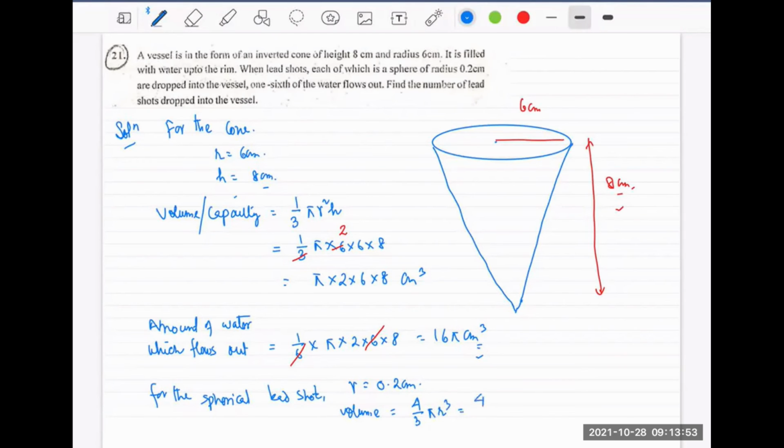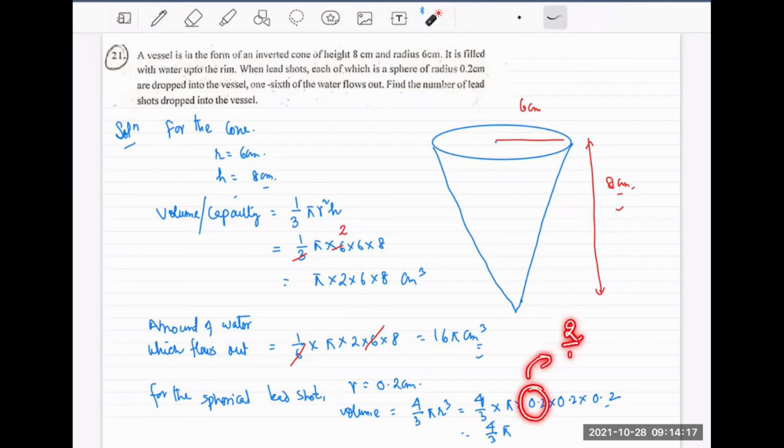So we will put 4/3 into, I'm not putting the value of pi still. R cube will be 0.2 into 0.2 into 0.2. Okay, let's keep it this way. So 4/3 pi.